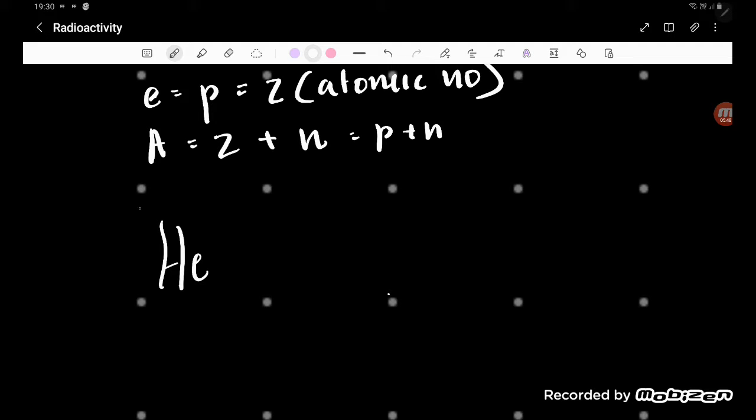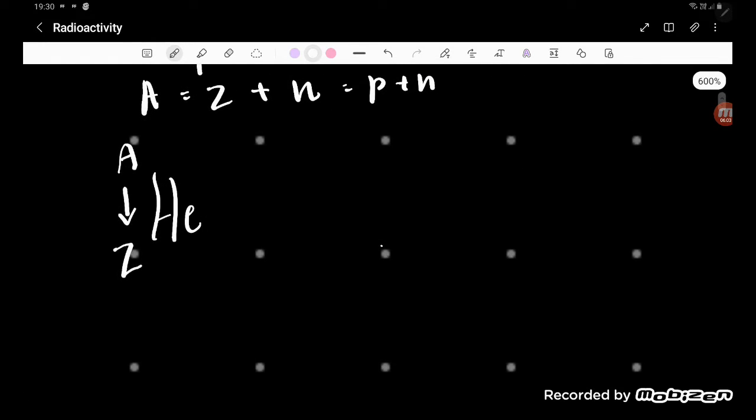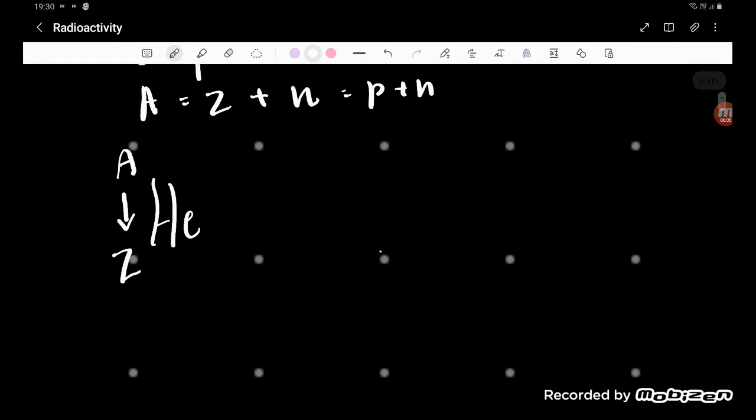Helium, the mass number is on top, the atomic number is below. Something you can remember is A to Z. A is on top, Z is below. That is the normal convention for how it goes.